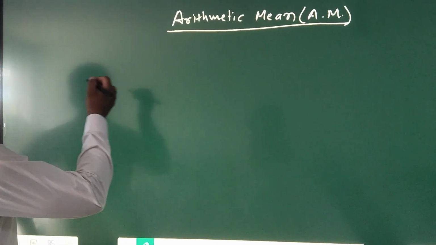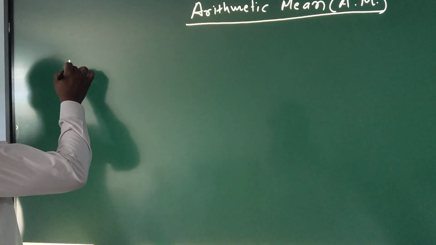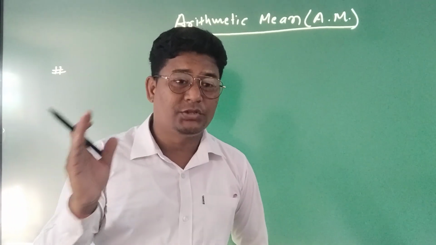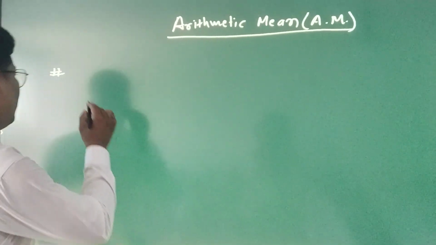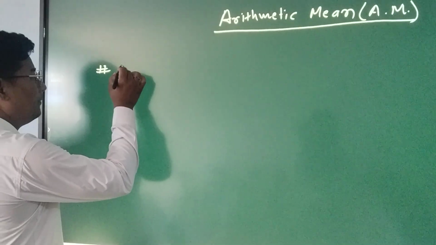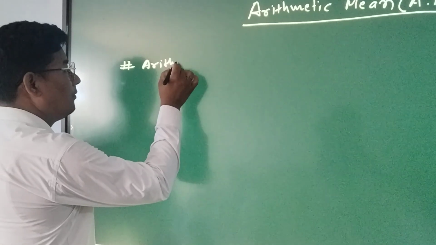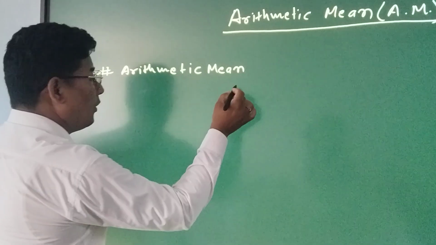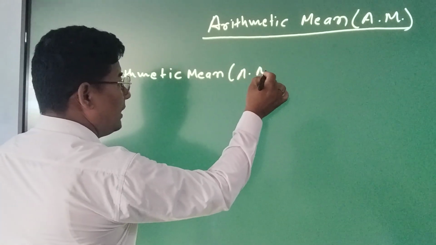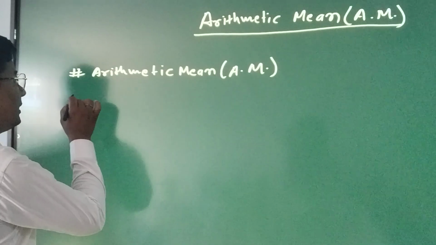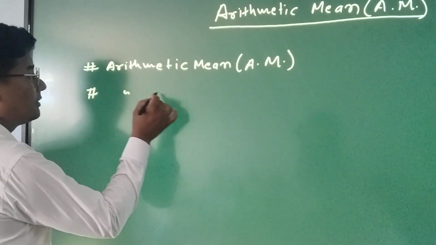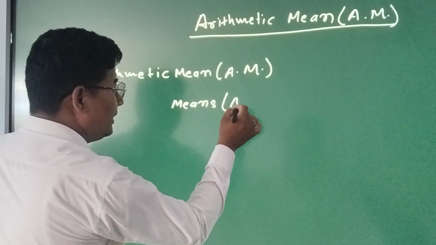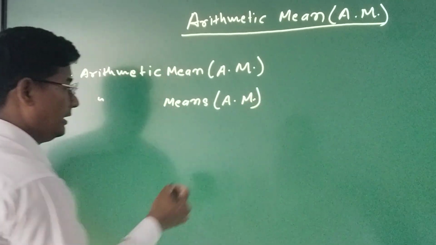Look here. There are two types of mean. Not two types, but it has two parts. One is arithmetic mean, and the short form is AM, and the other is arithmetic means, whose short form is also AM.